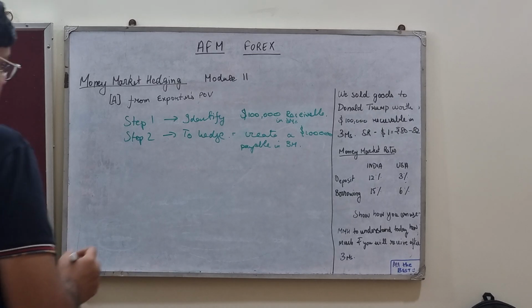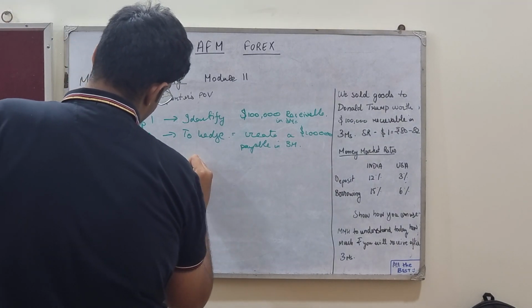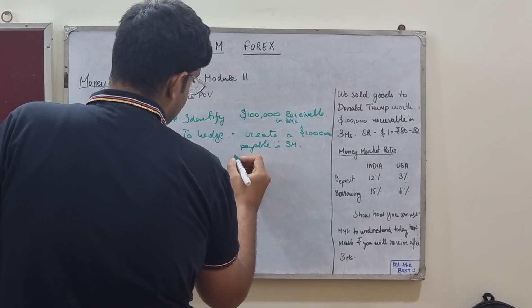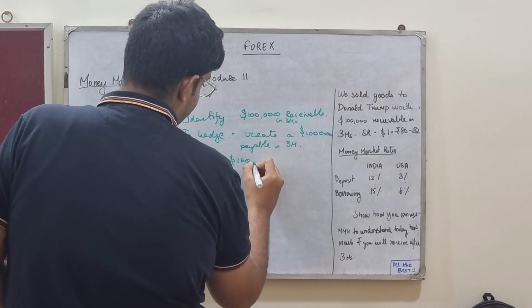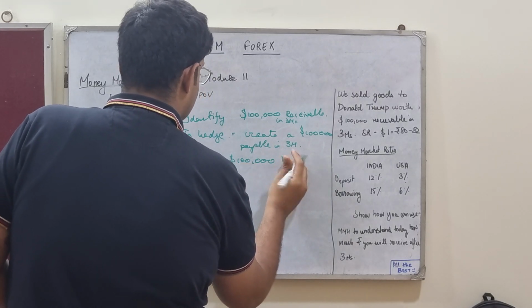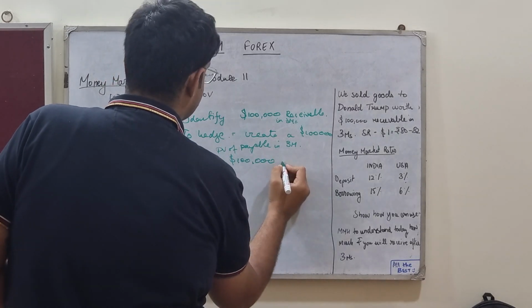So then what we need to do is step 3, which is to borrow $100,000. We need to borrow the present value of $100,000 today.